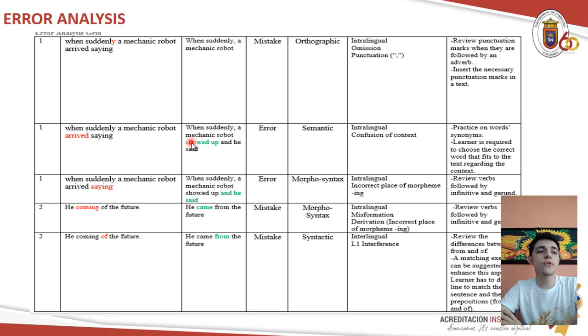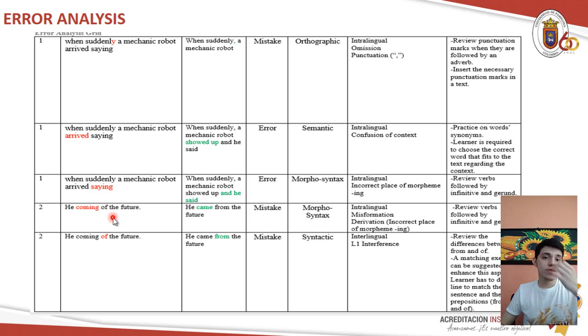In the second line, he wrote, "he coming of the future." The error correction is "he came from the future." And the classification of this error is morphosyntax, because he didn't use the right time tense, okay? Because he used coming instead of the past tense of the verb to come, which is came.